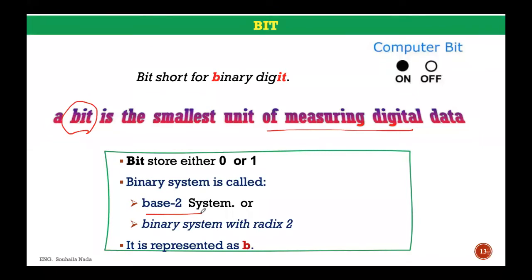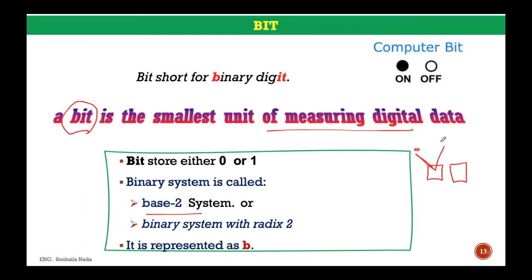Yes, we have, but let me correct that. We have only 2 symbols. I think you meant this, Salma, because we have only 2 symbols, which is 0 or 1, not 2 bits. 2 bits means that we have 2 digits. If we say we have 2 bits, it means that we have 2 places, 2 chairs, 2 digits. Each digit will store either 0 or 1.